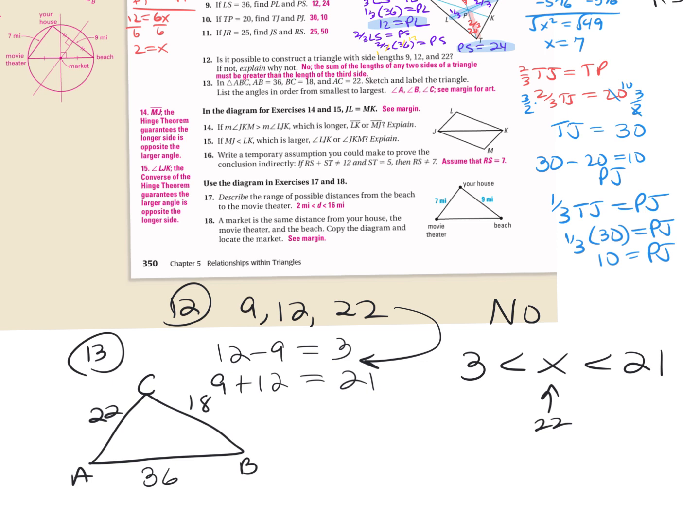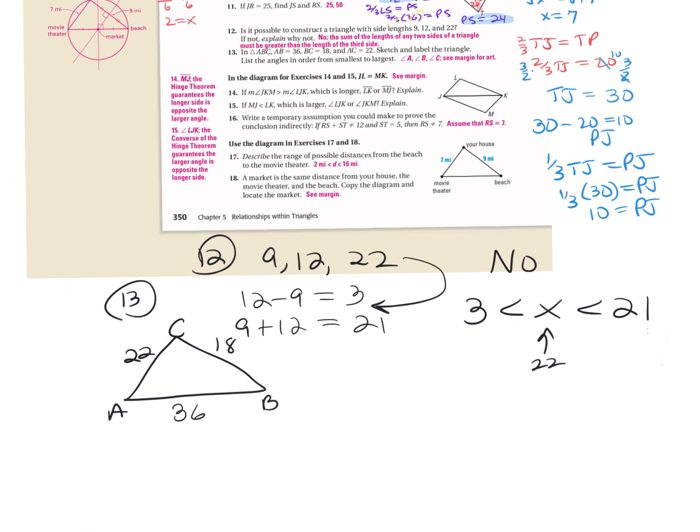So it says list the angles in order from smallest to largest. So remember, the largest angle is across from the largest side, but they want it from smallest to largest. So my smallest side is the 18. So that's going to be angle A is the smallest.